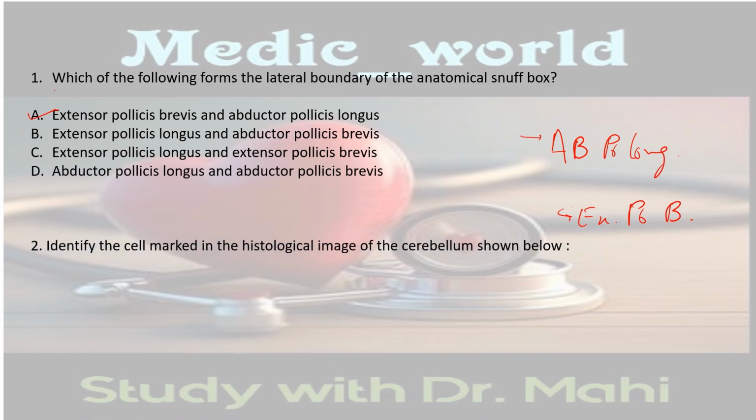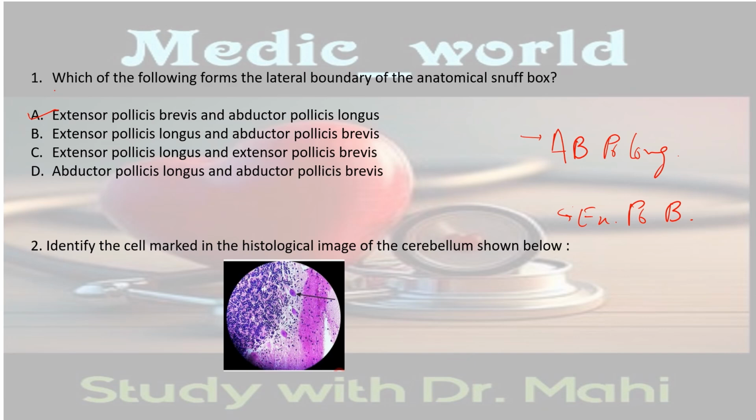Now the next question. Identify the cell marked in the histological image of the cerebellum shown below. Let's see the image. Here the cell which is marked is the Purkinje cells. Now how can we identify the cell?